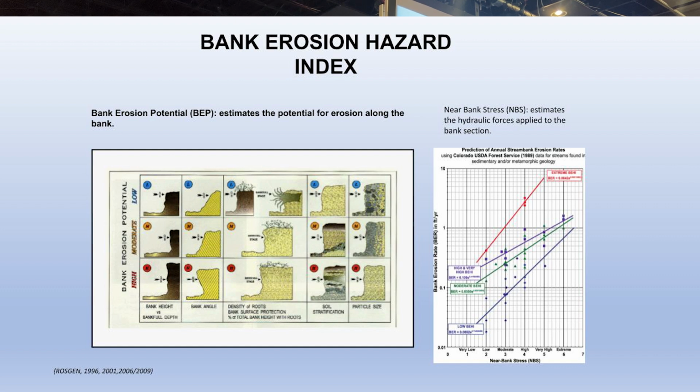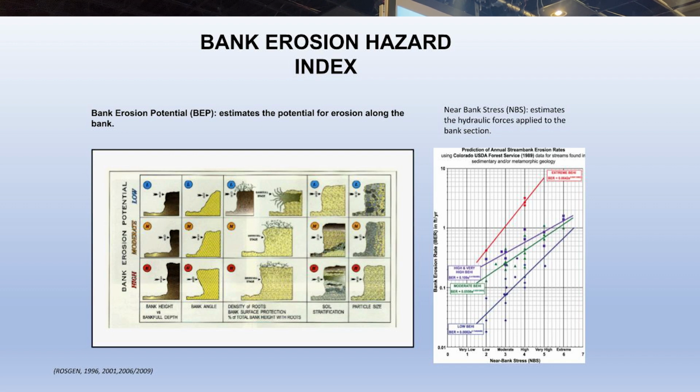And you do this for a typical reach. Could be 50 meters long. It could be 500 meters long, depending upon the homogeneity of your channel. So you take that, both sides, and you have a bank height, and then you can look at what the near bank stress is against that, looking at the channel form and visually estimate near bank stress. Again, put that into categories.